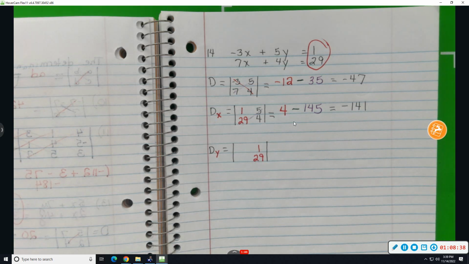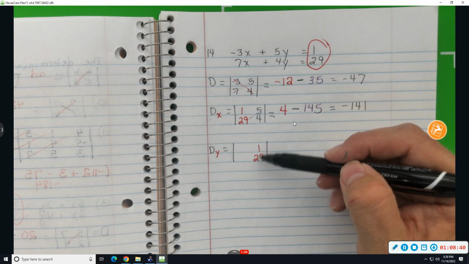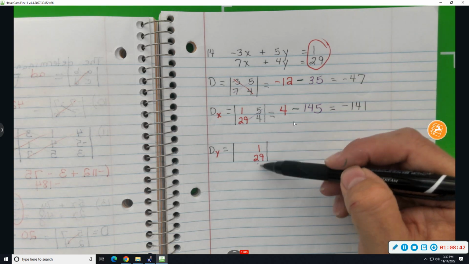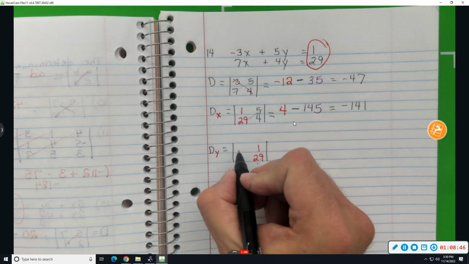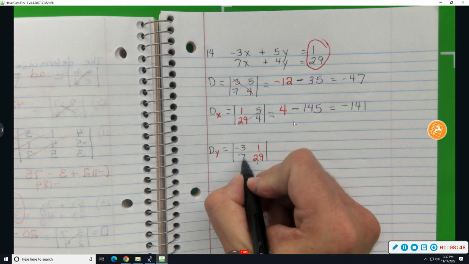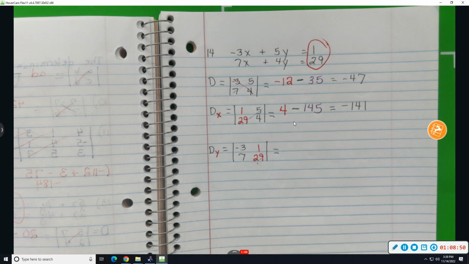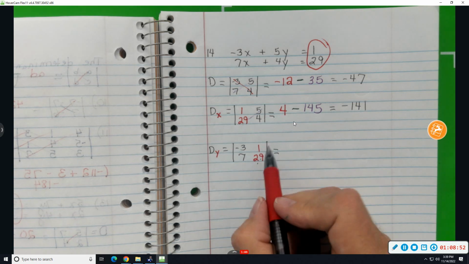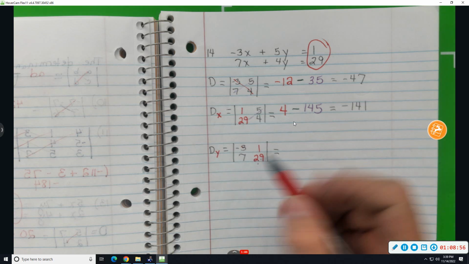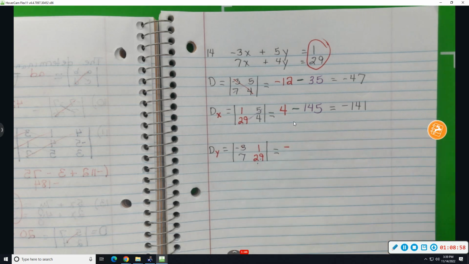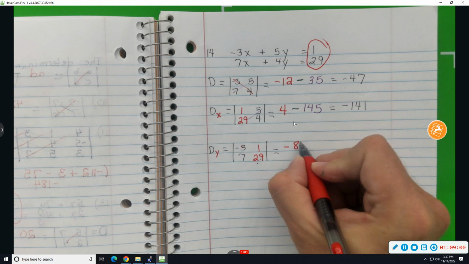Now, replace the y column with 1 and 29. Leave the x column at negative 3 and 7. So this first diagonal, negative 3 times 29. Is that a negative 87?